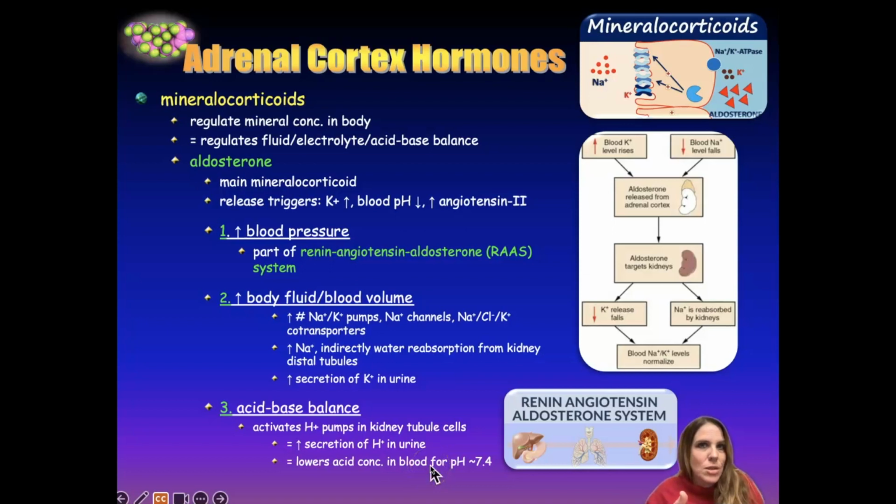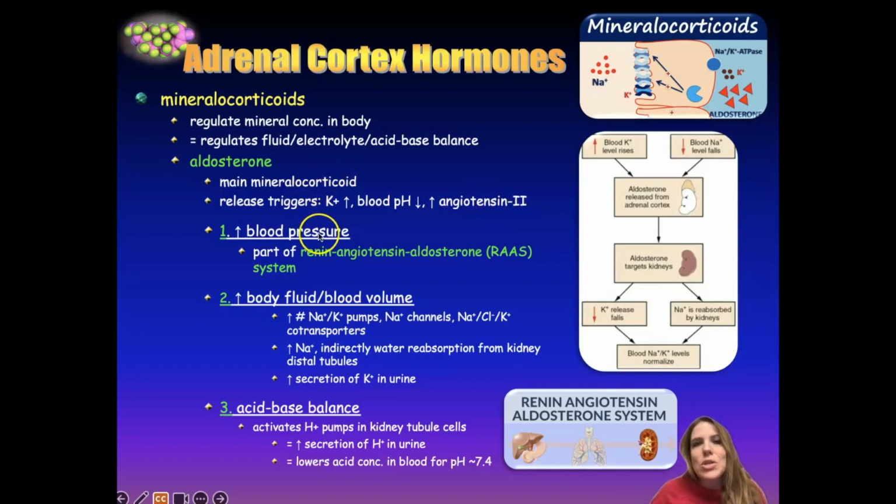So essentially, it's combating any acidity that's occurring in the blood so that our pH stays slightly alkaline at about 7.4. Just to recap, because I know that's a lot: aldosterone is secreted in response to high levels of potassium in the blood, low pH in the blood, and more angiotensin 2.